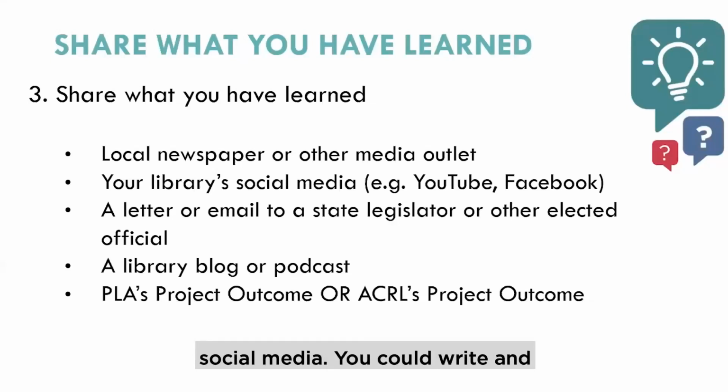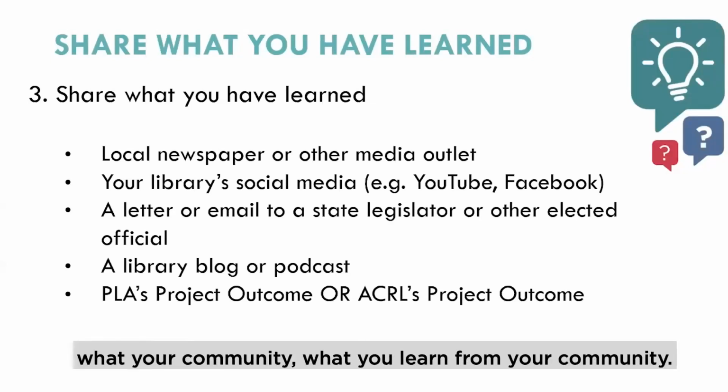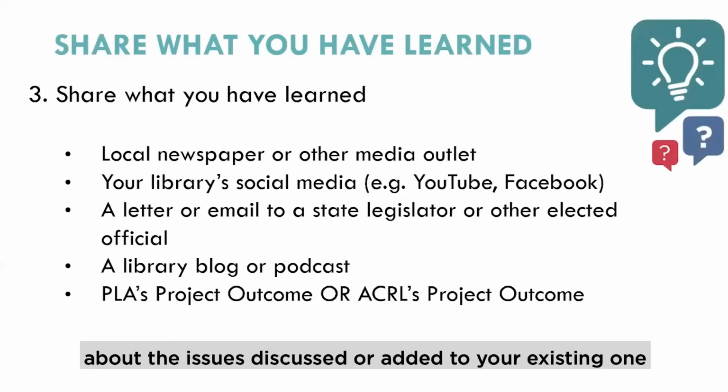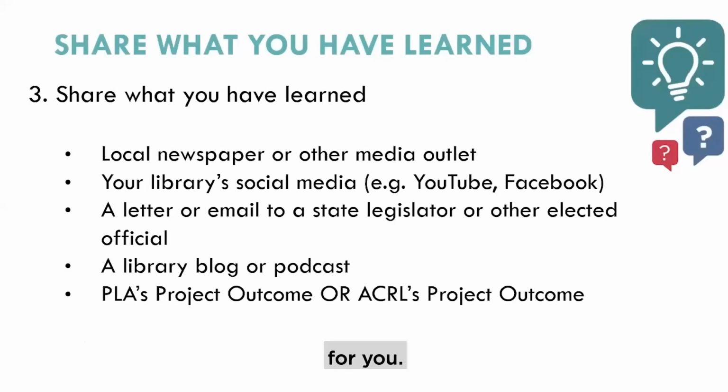You could write and send a letter or an email to a regional leader or state legislator or another elected official about the conversation and what you learned from your community. You could create a library blog or podcast about the issues discussed during the conversation, or even about the process itself for you, or add it to your existing one.